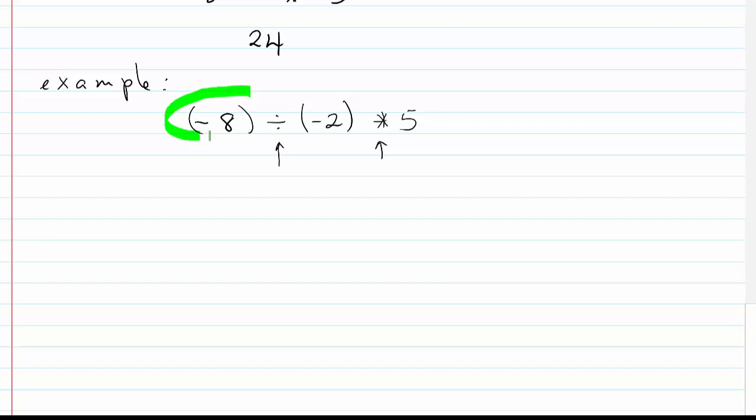So the first thing I'm going to do is these two. Since the signs are the same, my result must be positive. So 8 divided by 2 is 4, and then I'll multiply that by 5. And since my signs here are the same, my final answer must be positive.